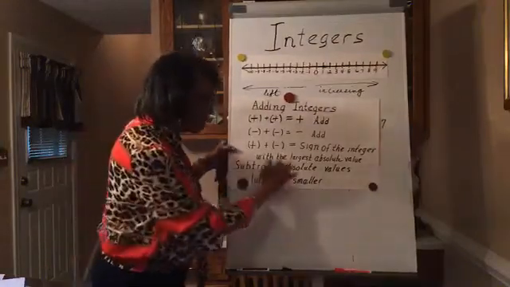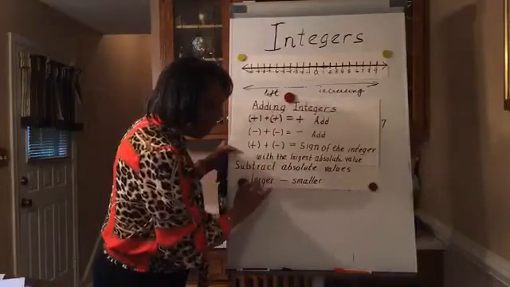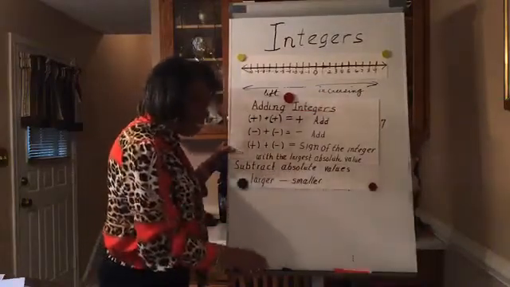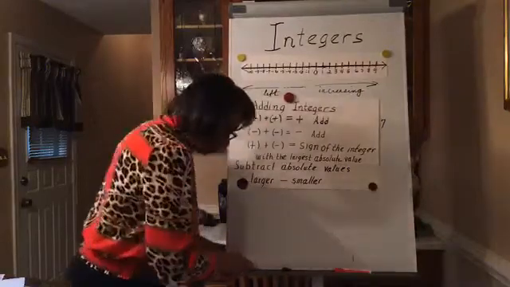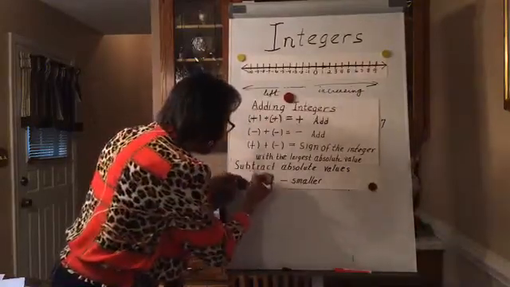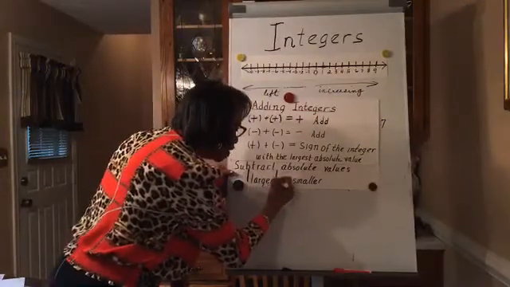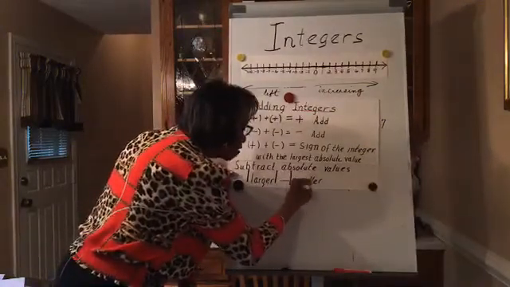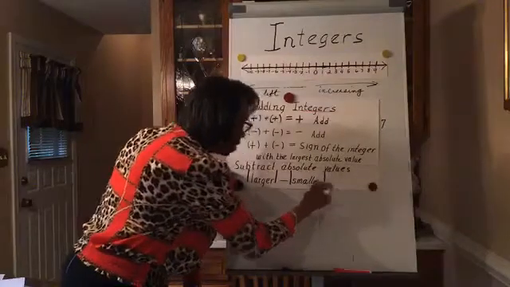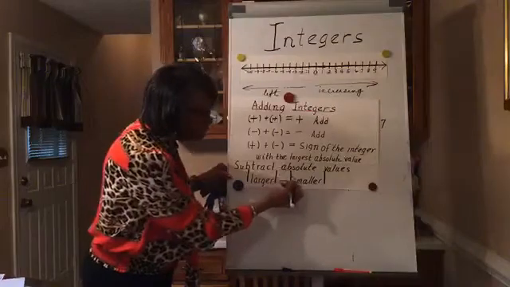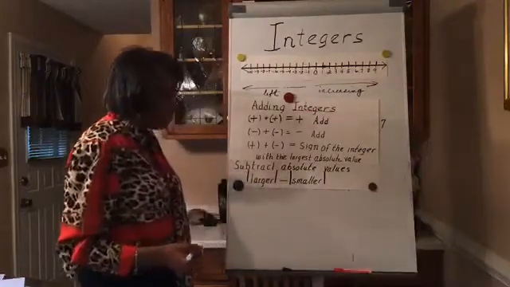And we merely subtract the absolute values: the larger absolute value minus the smaller absolute value. I'm going to put the absolute value symbols here so that you know that I mean absolute value.